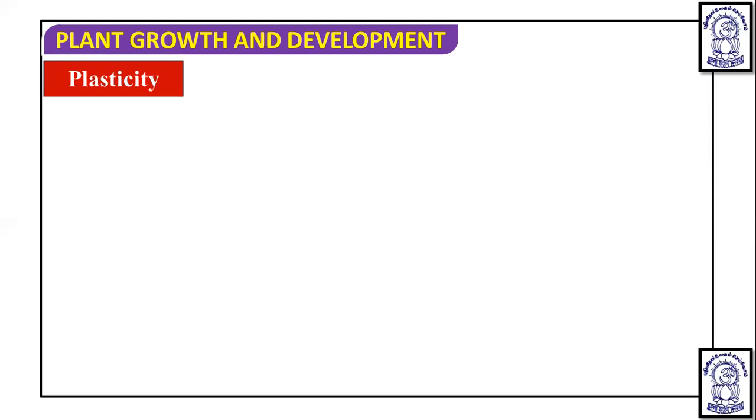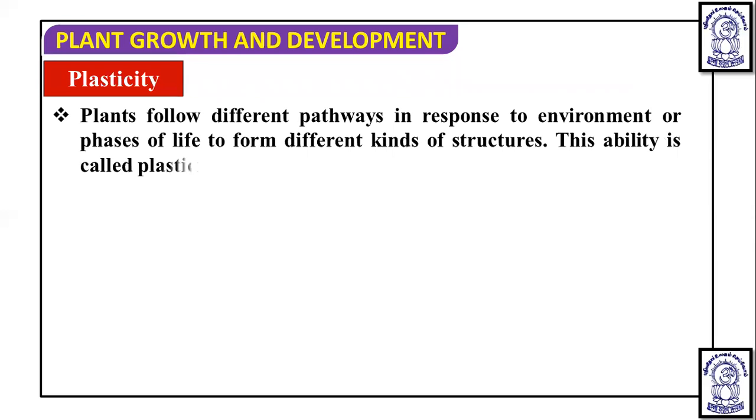So to understand development, we understand one important topic, that is plasticity. In plants, we know that the intrinsic property of a plant is that it follows a different pathway in response to the environment or the phases of life to form a different kind of structure. So the ability to change under the influence of internal and external stimuli is nothing but plasticity.